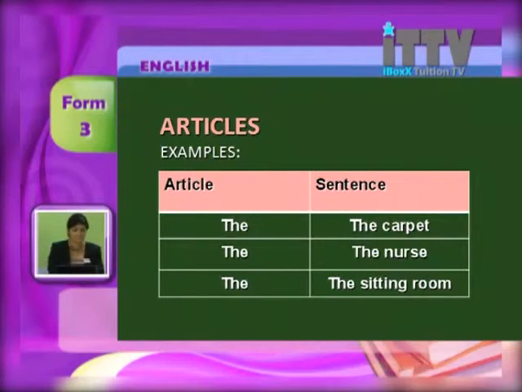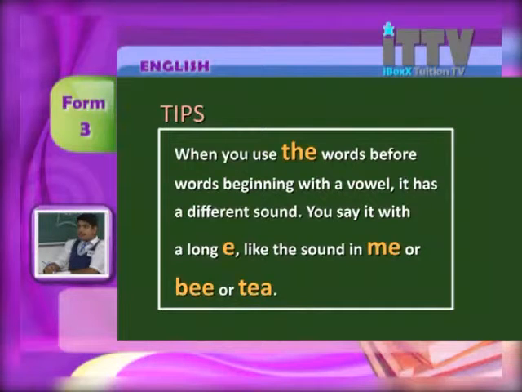When do you use it? When you use the before words beginning with a vowel, it has a different sound. You say it with a long E, like the sound in me.